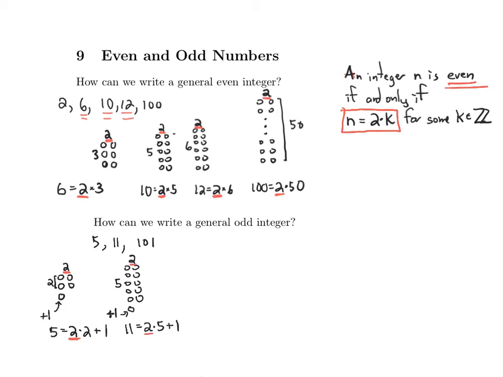And 101, again, well, I'm not going to draw 101 dots, but I'm going to put some ellipses there, dot, dot, dot, just to indicate that there are more groups between there. And I'll have this extra 1. And of course, we have groups of size 2, and there are 50 groups with this 1 left over.